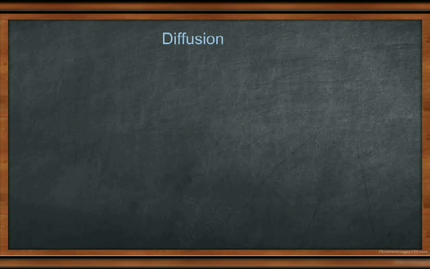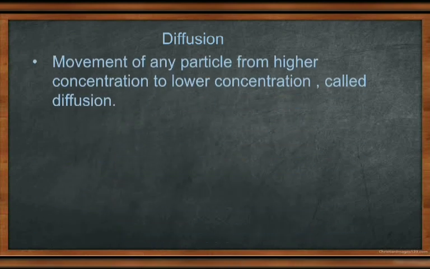Movement of any substance from higher concentration to lower concentration. It means any substance moving from higher concentration to lower concentration is called diffusion. Simple one. Movement of any particle or any substance from higher concentration to lower concentration is called diffusion.